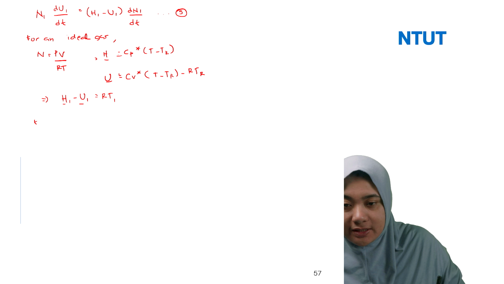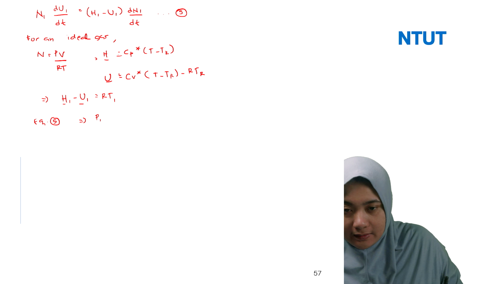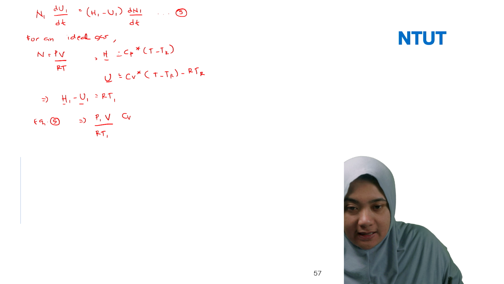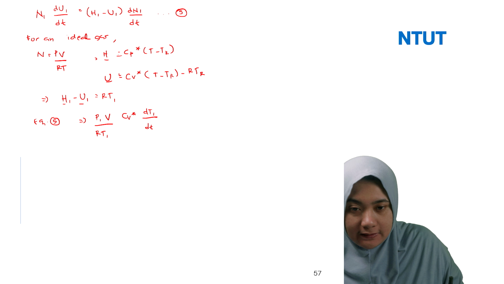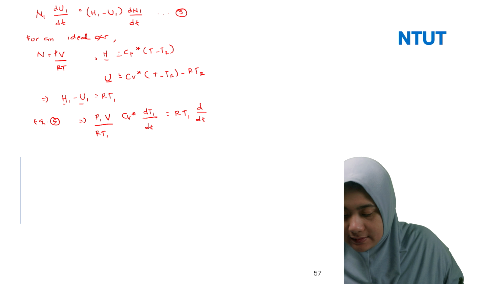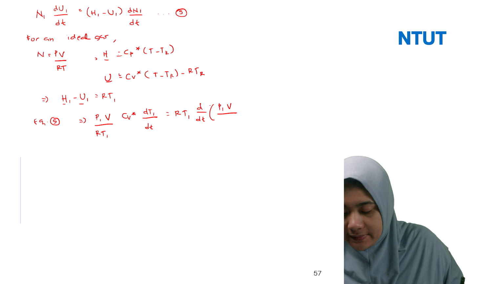So equation 9 becomes P1V divided by RT1 times Cv asterisk dT1 divided by dt, equal to RT1 times the differential of P1V divided by RT1.